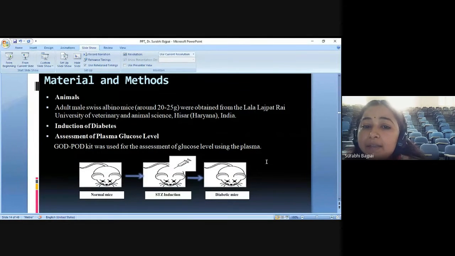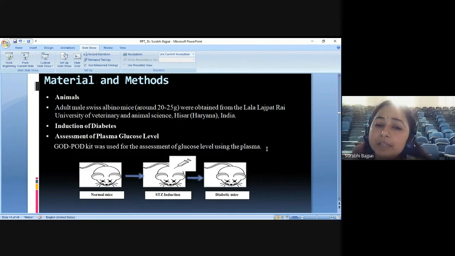Adult male Swiss albino mice were obtained from the University of Hisar and Veterinary University, and diabetes was induced in these mice with STZ injections, 40 mg per kg of STZ given for 5 consecutive days.